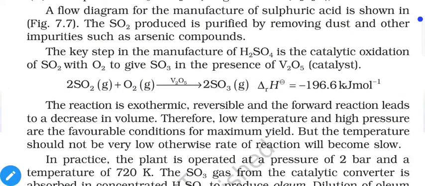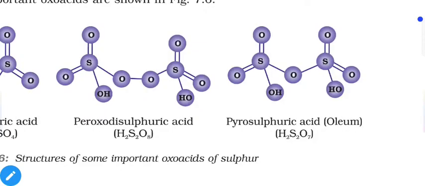Now back to the description. You may ask, instead of producing H2SO4, why are we using it? Our target is to produce H2SO4, but why are we producing oleum? The simple reason is, when oleum reacts with water, it simply converts into H2SO4. Oleum, that means pyrosulfuric acid, which is mentioned here, has two different units attached with each other.